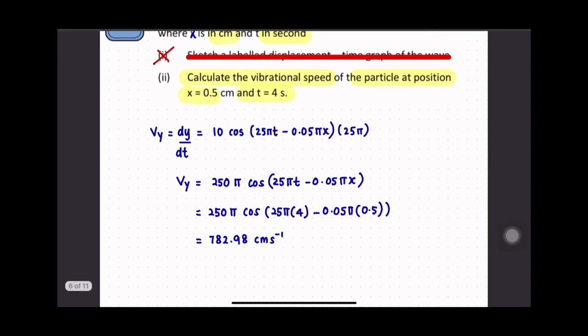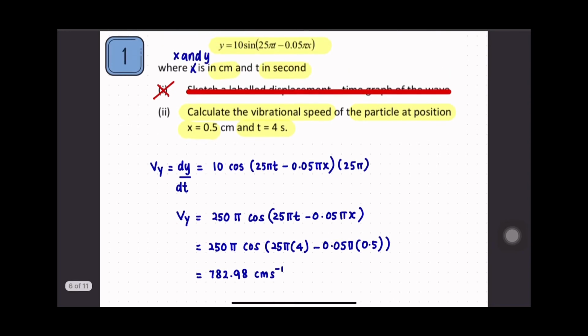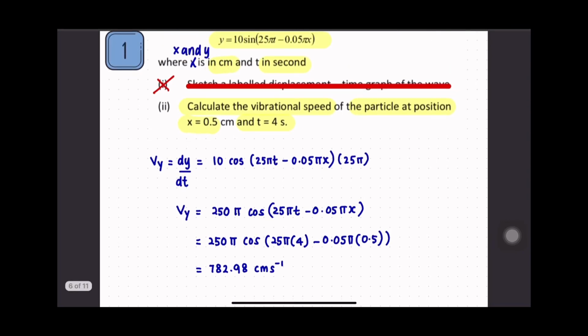So the equation Vy is equal to 250 pi cos (25 pi t minus 0.05 pi x). Then substitute the value of x, 0.5, and t is 4 second. Don't forget to use radian mode. So we get the value 782.98. The unit is cm per second because I'm using values in cm.